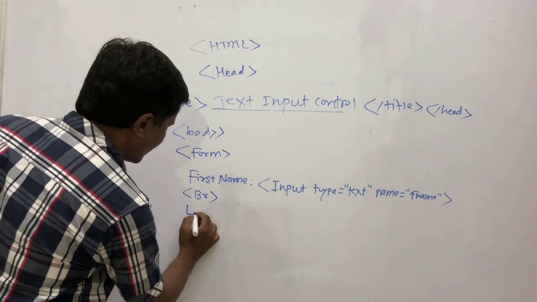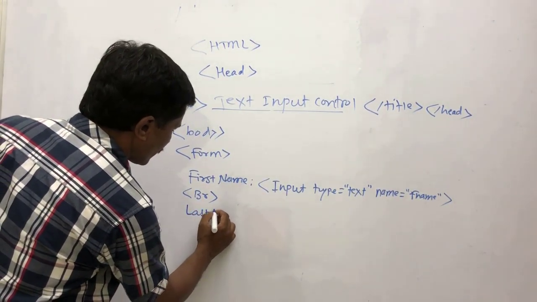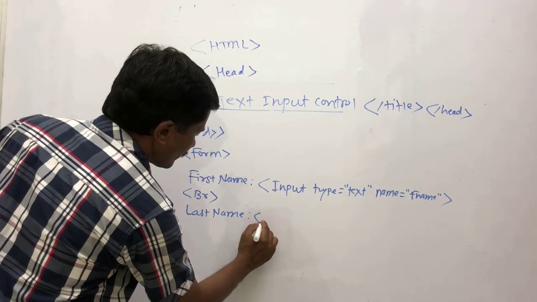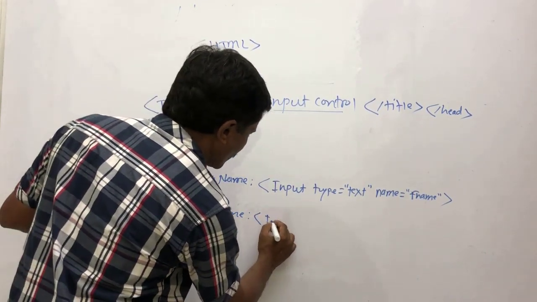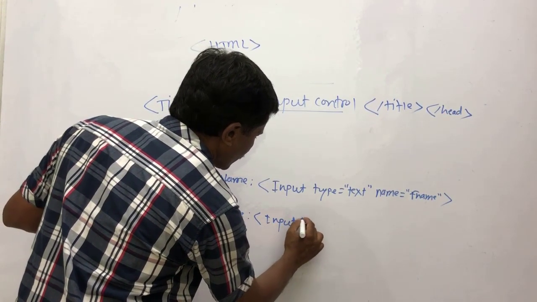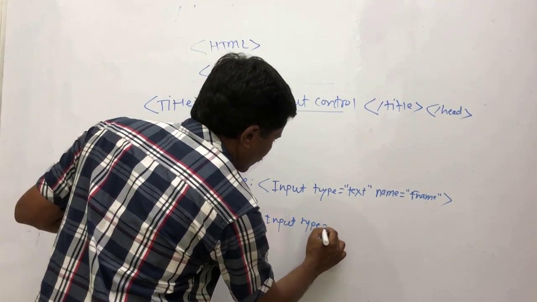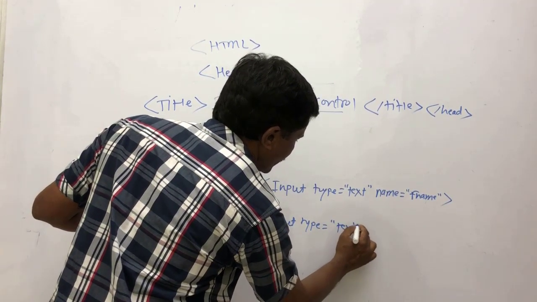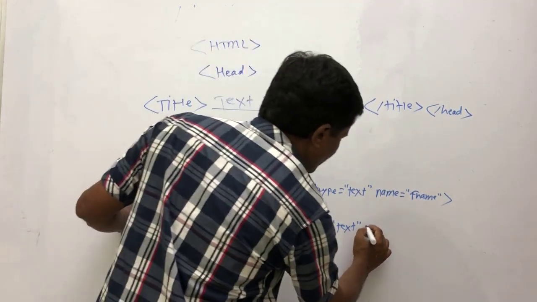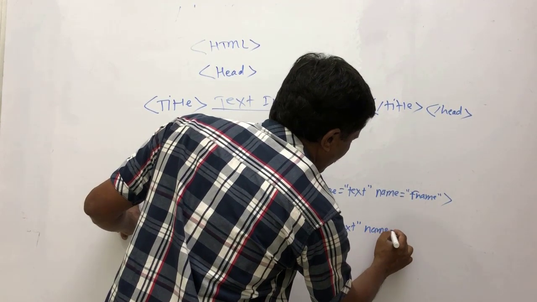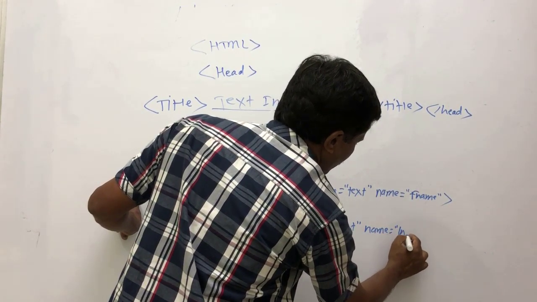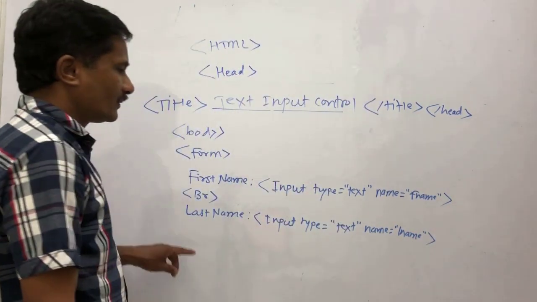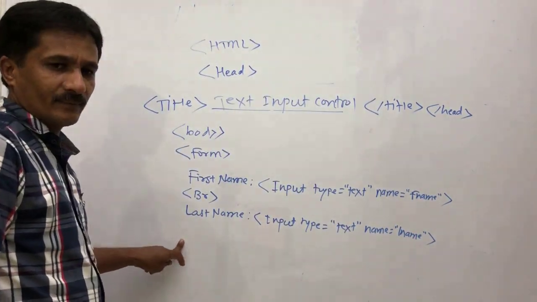Next is last name. Input type is equal to text. Name is equal to lname, last name.